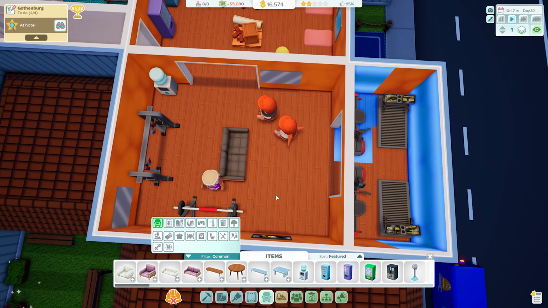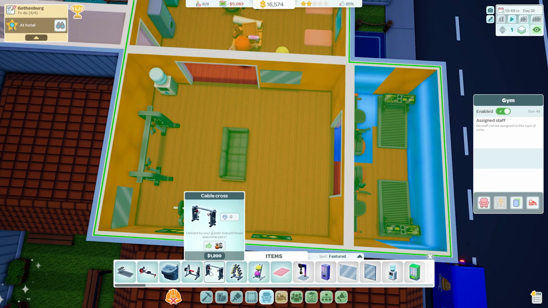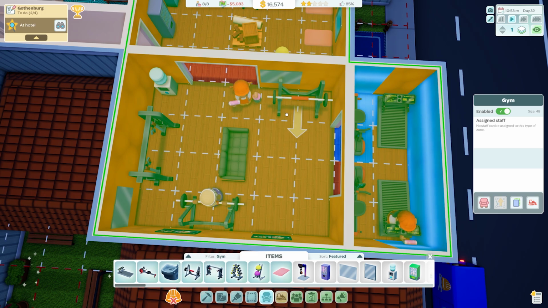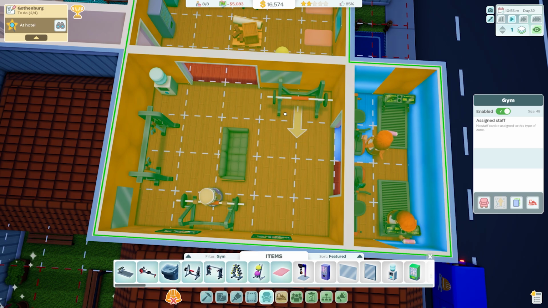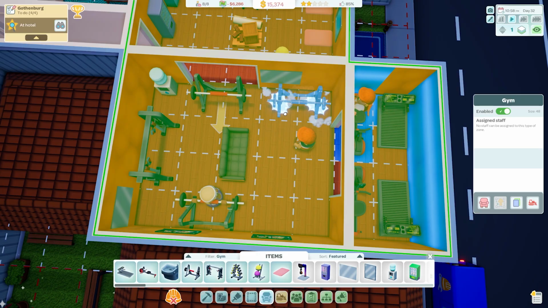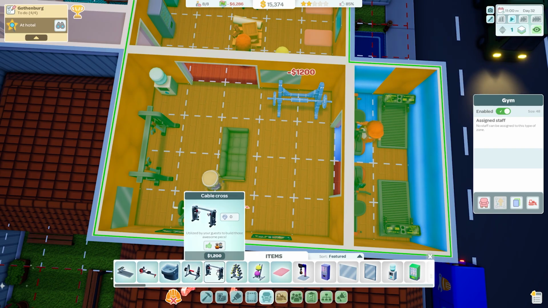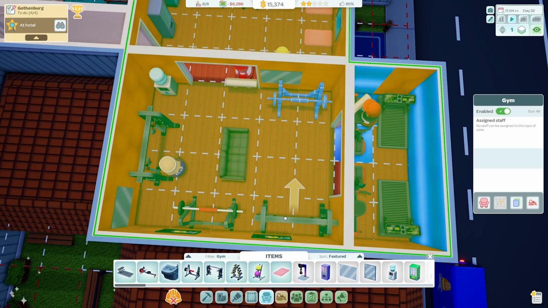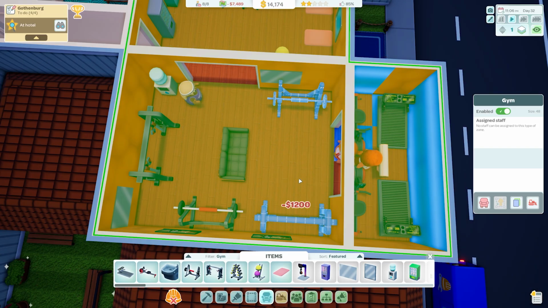So then items. Go here. That way we can get another cable cross and barbell station. So we'd have that there. And then cable cross there.